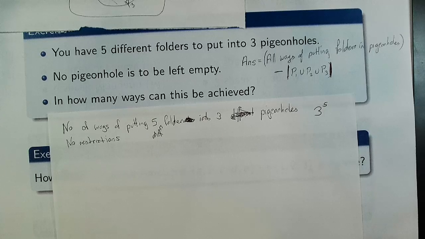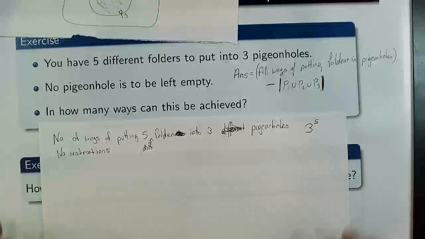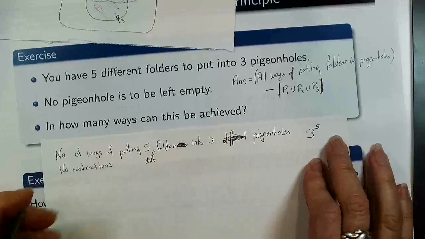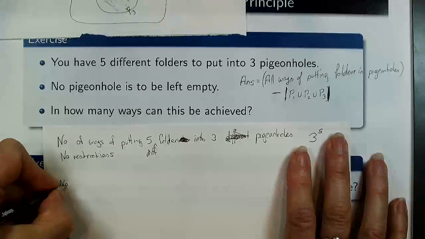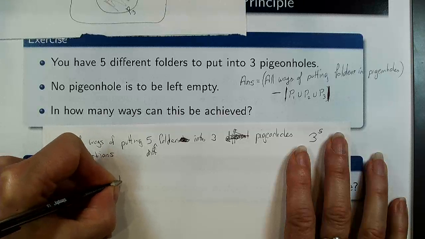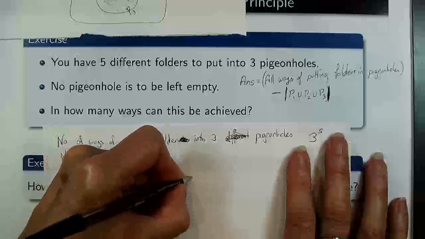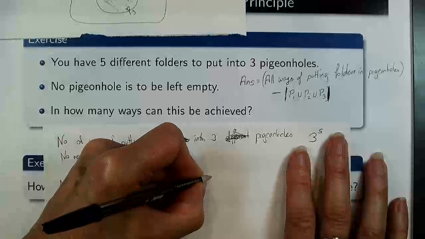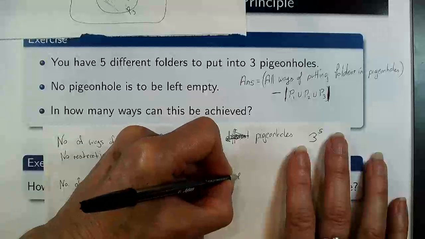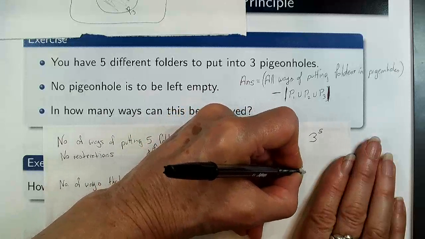Okay, so the total number of ways is 3 to the 5th. But a lot of those are not the ones we want to answer the question, because some of those will leave a pigeonhole empty and we don't want any pigeonholes empty. The number of ways that leave one or more pigeonholes empty is P1 union P2 union P3.